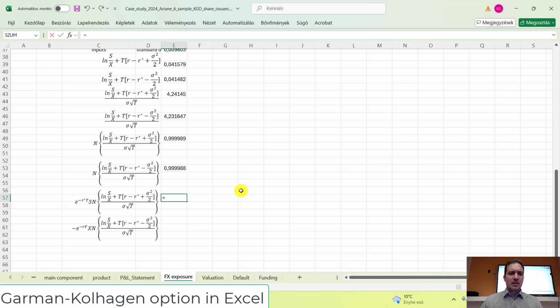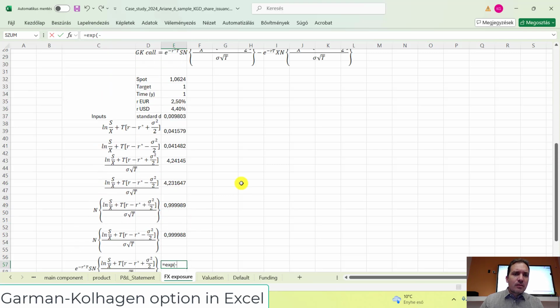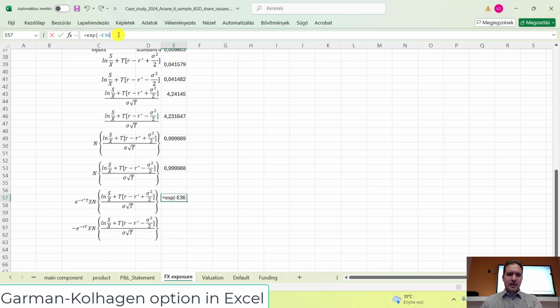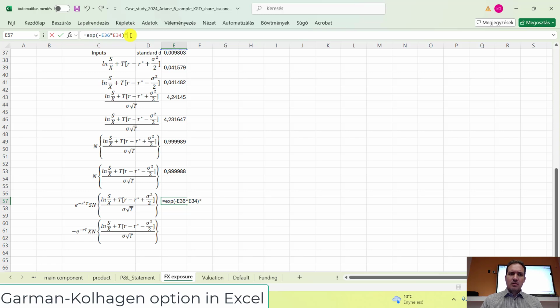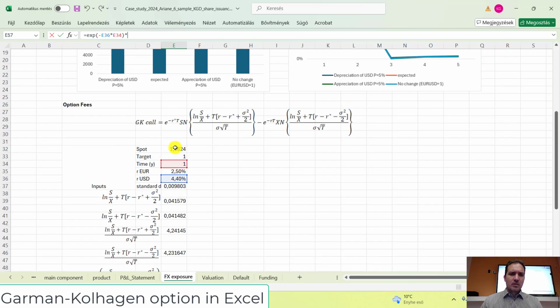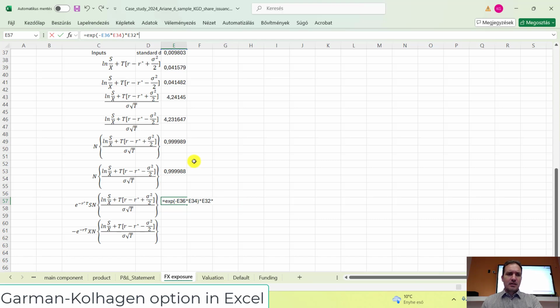So now we just have to say exp minus foreign interest rate multiplied by time multiplied by the spot rate and multiplied by the number here, and it's not working.